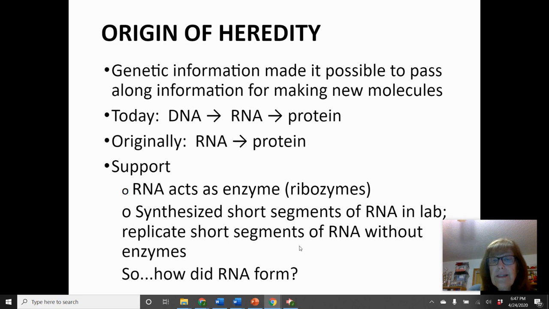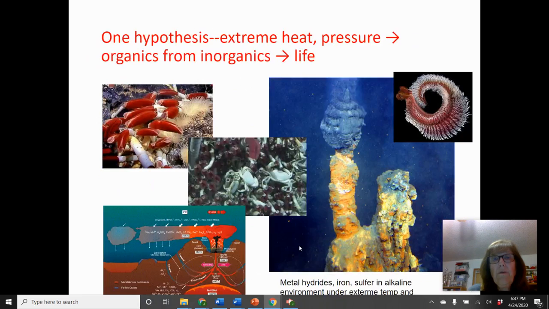So, how did RNA form? Well, let's see. There are several hypotheses. One of these hypotheses is that the extreme heat and pressure that is put on some of the organic materials that are deep in our ocean could form inorganic materials.